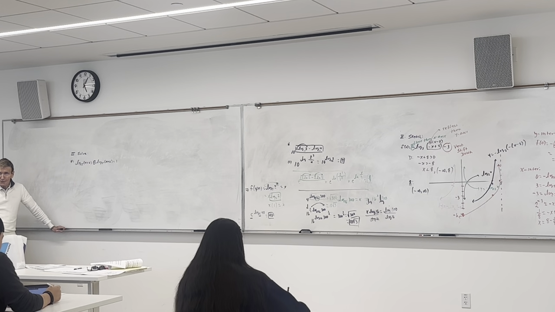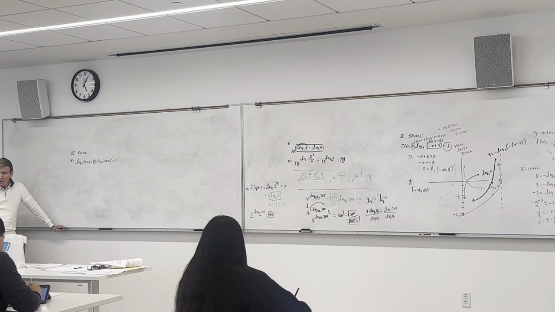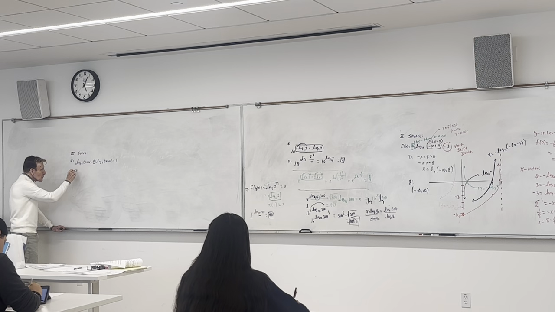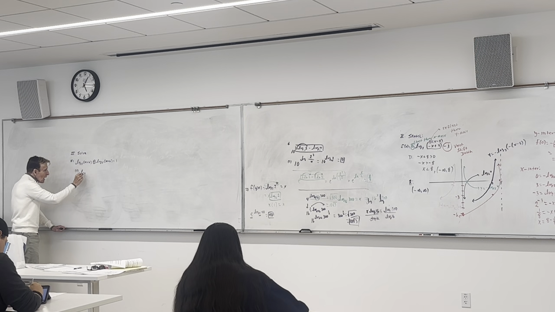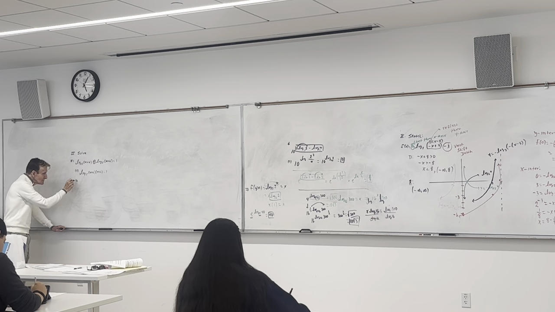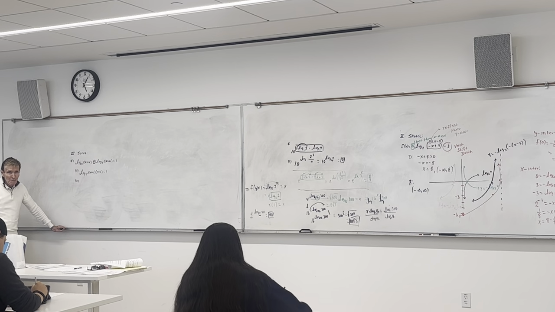Two logs being added. Is that the product property? So could I rewrite, for step 1, the left-hand side as a product, using the product property, as log base 5 of x plus 6 times x plus 2 is equal to 1? That's step 1. It's the product property.